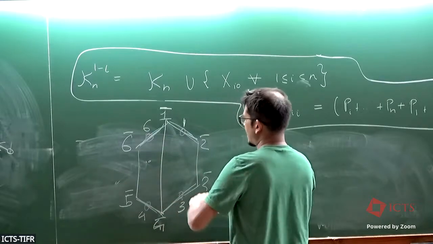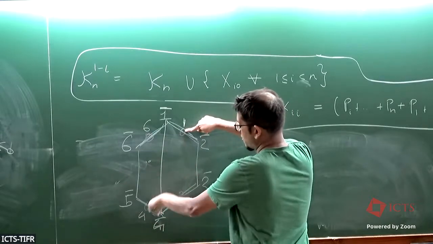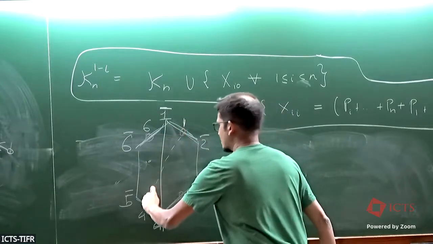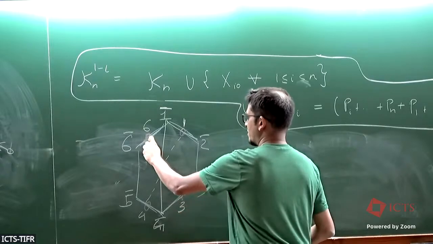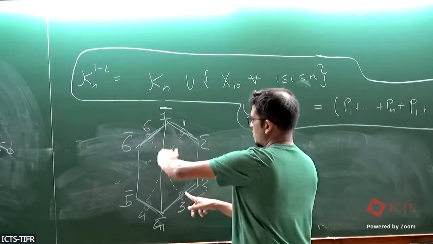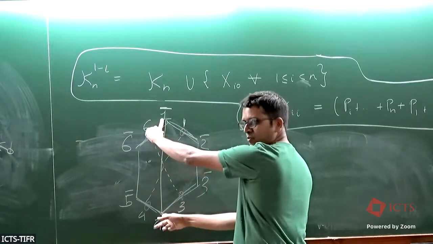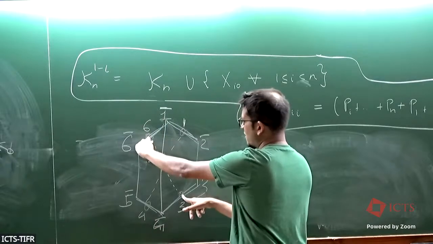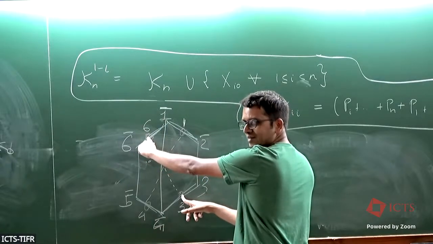Now you see that there are only 2 allowed chords, so there is this chord and there is this chord, and 1, 4 is already the same as 1 bar, 4 bar. So that breaks the 6-gon into 2 quadrilaterals. But 3, 6 also breaks it into 2 quadrilaterals.